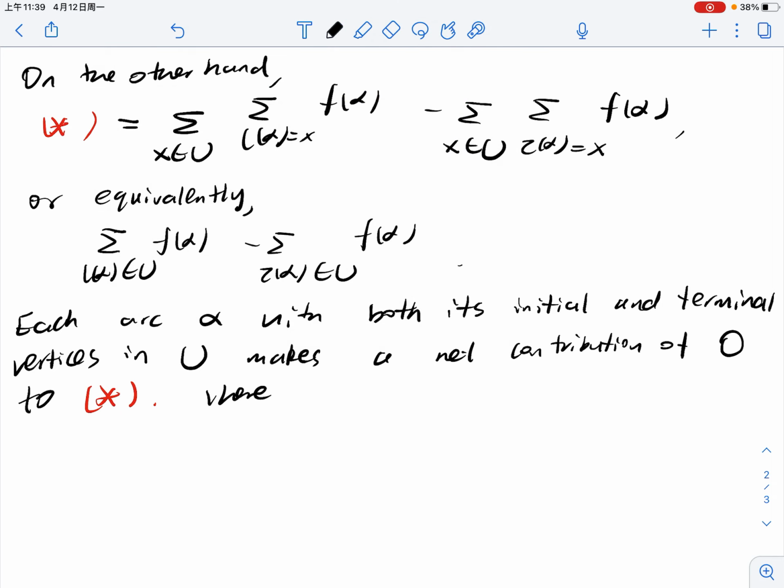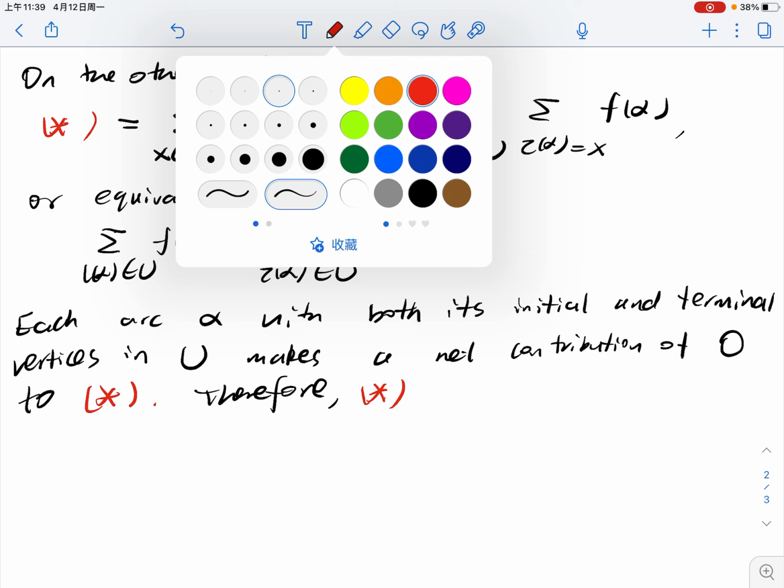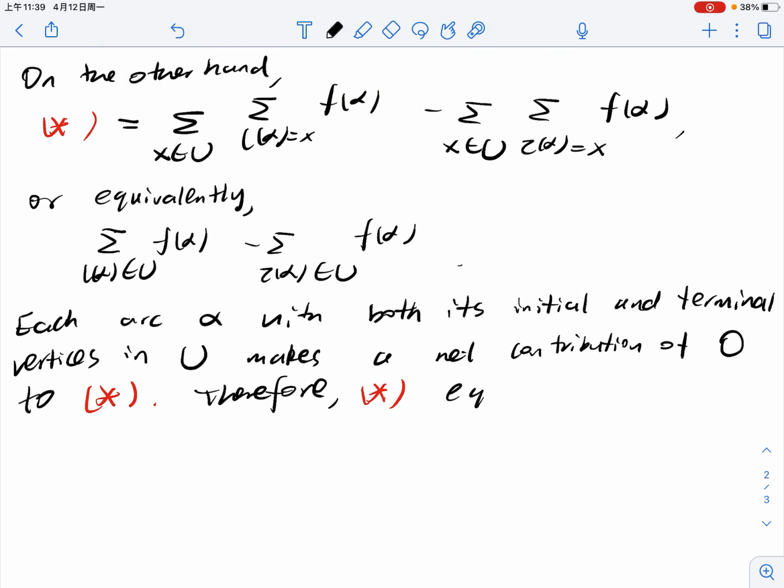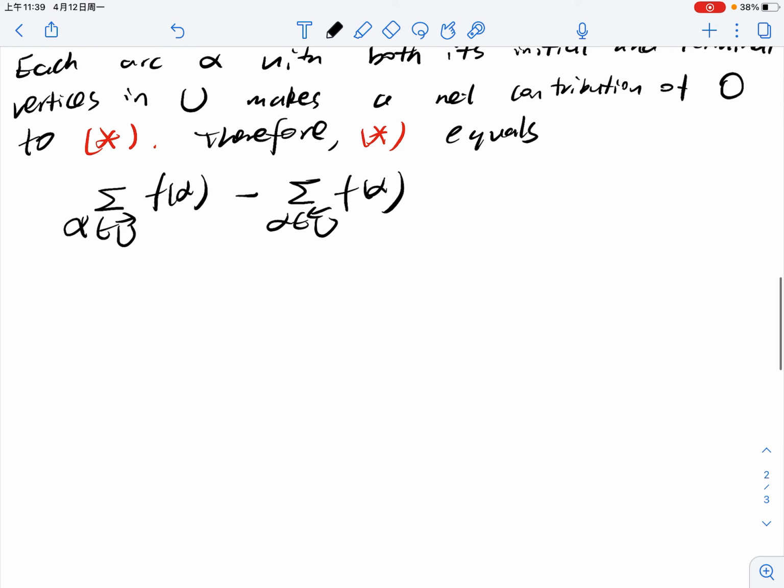Therefore, after this observation, star equals the sum over alpha in U right arrow of f alpha minus the sum over alpha in U left arrow of f alpha. So we are done.